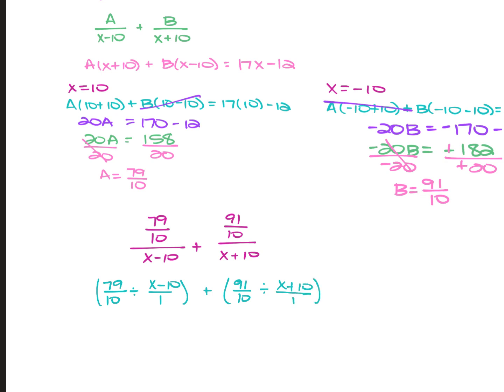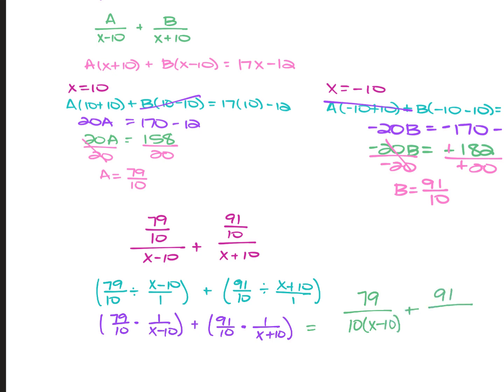If we're dividing fractions, we keep change flip. So this turns into 79 over 10 times 1 over x minus 10 plus 91 over 10 times 1 over x plus 10. We simplify this, and it's just 79 over 10 times x minus 10 plus 91 over 10 times x plus 10.